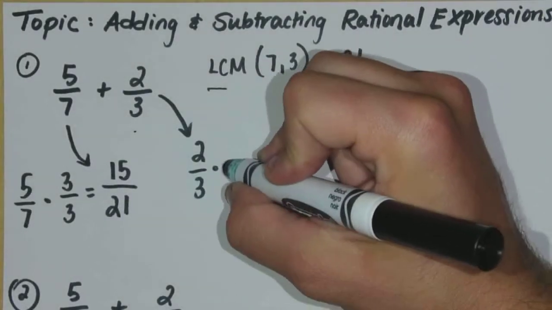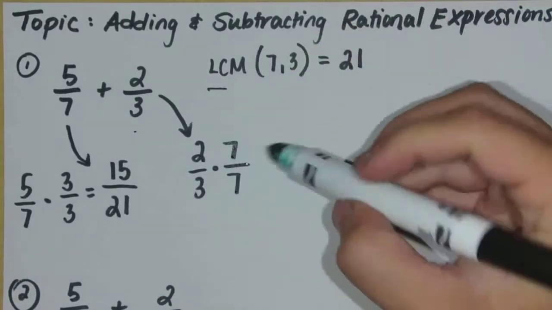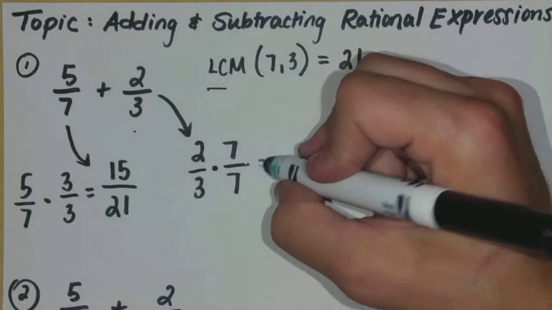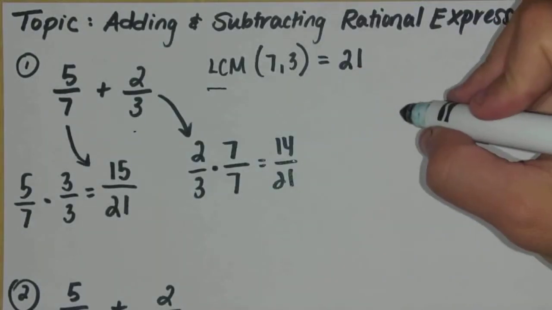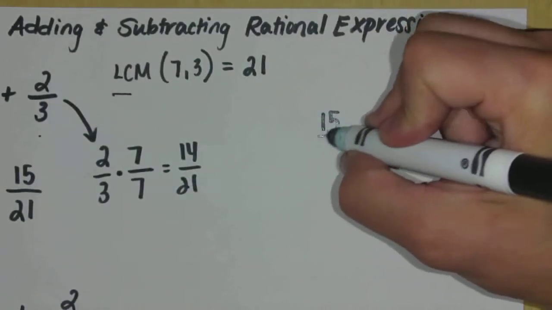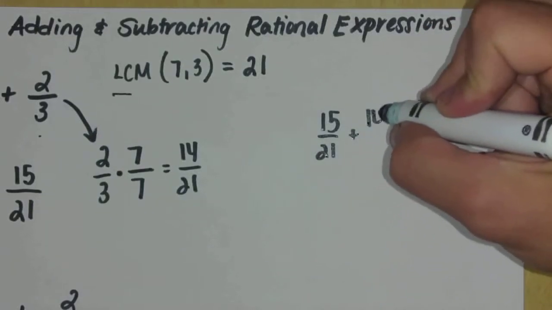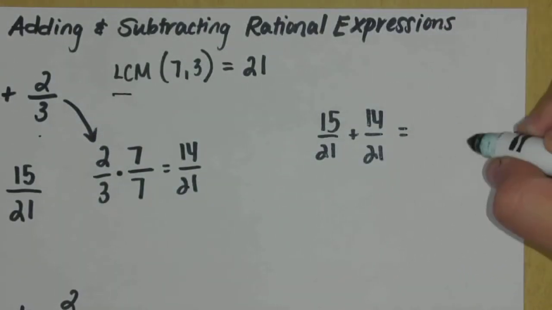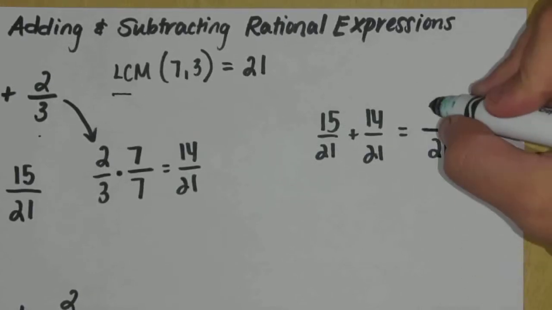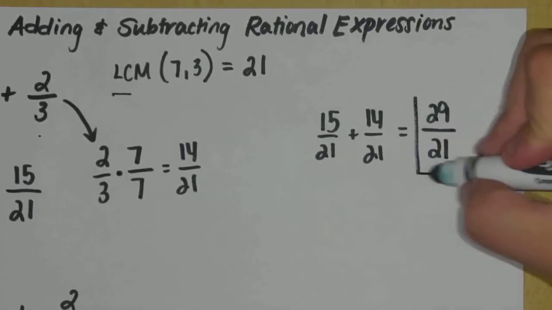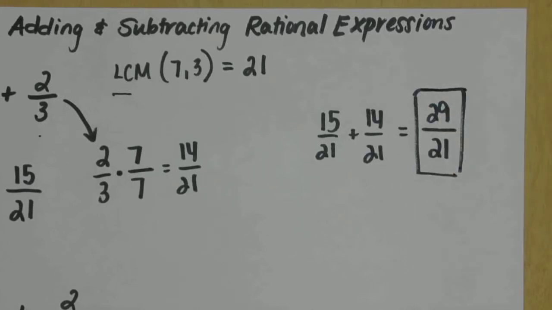Same idea, 3 times 7, so I multiply by 7 over 7 to get 14 over 21, and then I can add my two fractions. 15 over 21 plus 14 over 21, and remember, when you add fractions, the denominator stays: 29 over 21, which can't be reduced, and so that's my final answer.